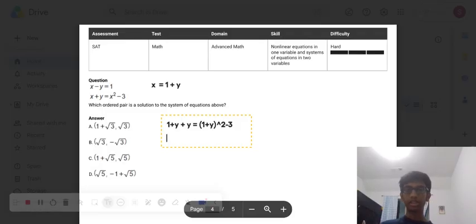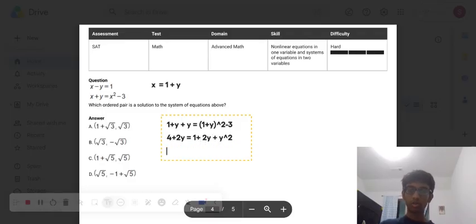We can simplify this out a bit and we get 1 plus 2y. You can add a 3 to both sides too, and you get 4 plus 3y is equal to 1 plus 2y plus y squared.